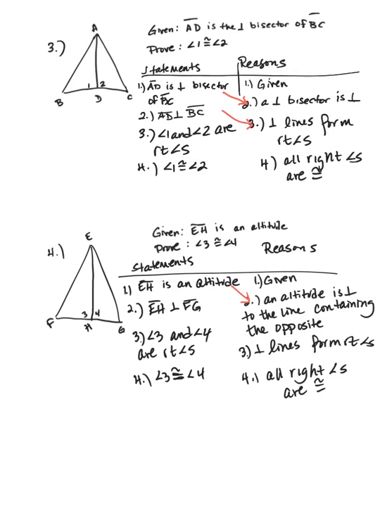And then that fact that it was perpendicular was used as our reason in line 3. And then we had right angles, and right angles was used as our reason in line 4. So this helps you to see the structure of these proofs.